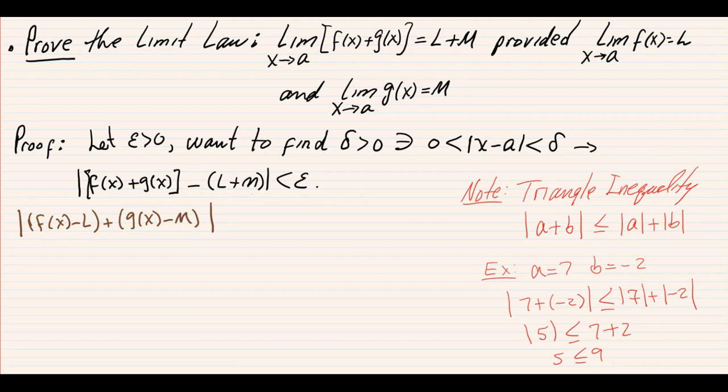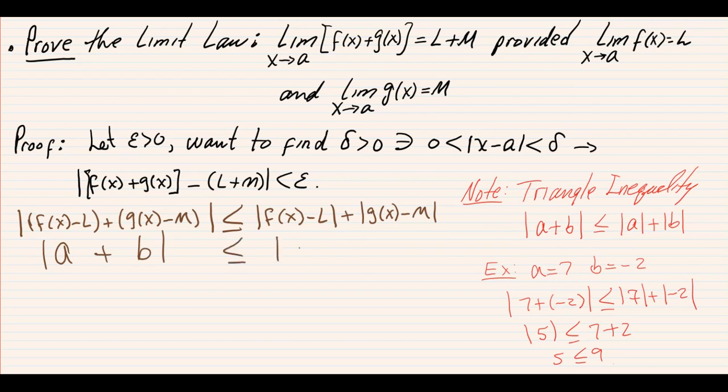Having done that, this is going to be less than or equal to, using the triangle inequality, the absolute value of the individual parts: this part plus the absolute value of g of x minus M. In my triangle inequality, think of it as this being a plus b, and I'm saying it's less than or equal to the absolute value of a plus the absolute value of b.